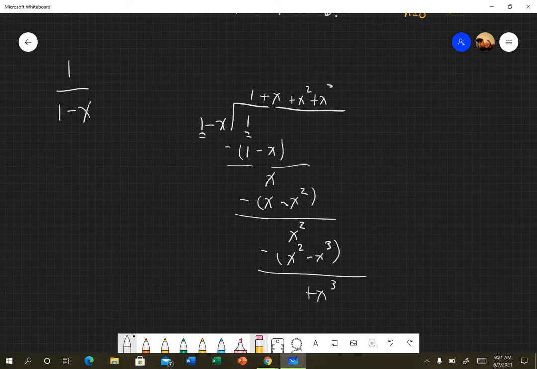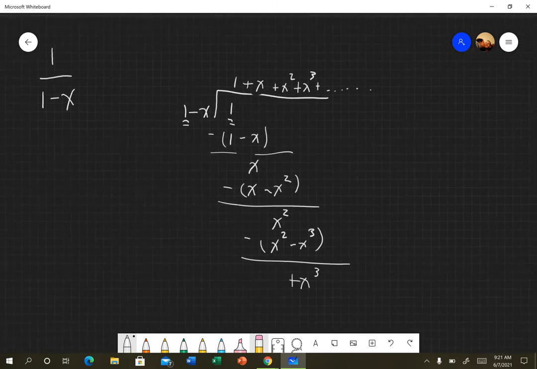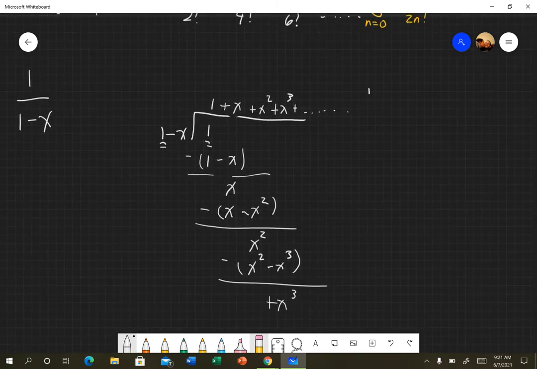We're going to get x cubed plus dot, dot, dot, and so on and so forth. You see this pattern: 1 plus x plus x squared plus x cubed plus so on and so forth. And so what this actually ends up becoming is the summation where n equals 0 to infinity of x to the n.